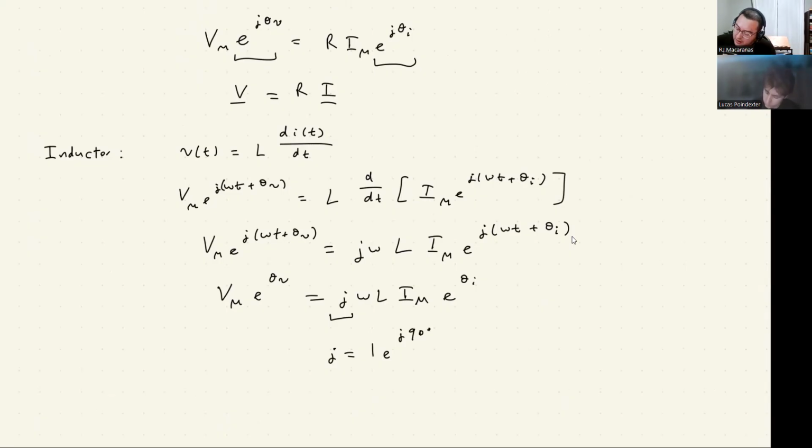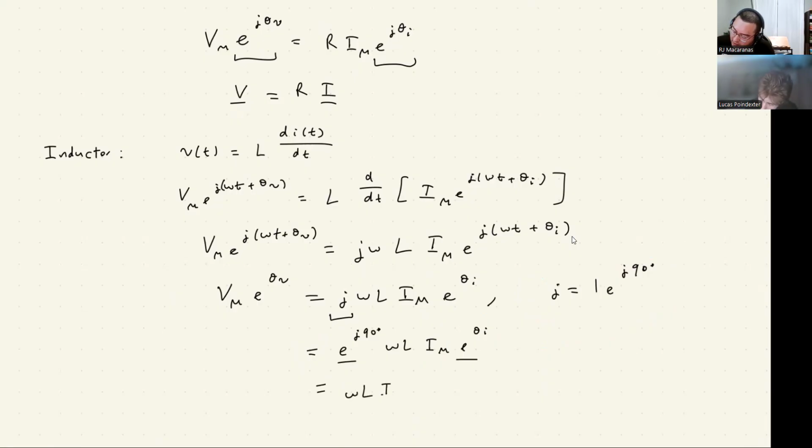So if I use that, I'm left with e to the j times 90 degrees, omega L I sub m e to the j theta I. And if I combine these exponentials, I have omega L I sub m e to the, adding these together, theta I plus 90 degrees.